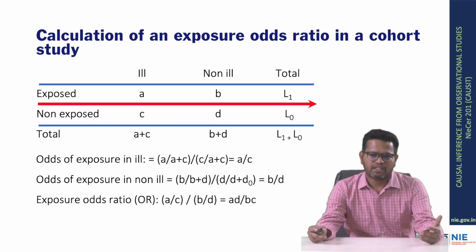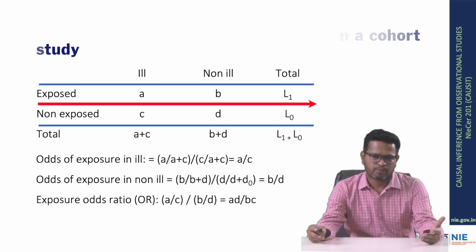Here, the numerator will be the probability that the person is likely to be exposed among those who are ill, that is A by A plus C. And the denominator will be the probability of being unexposed among those who are ill, that is C divided by A plus C. Simply, the odds of exposure among those who are ill is A by C. Similarly, we can calculate the odds of exposure among those not having illness, that is B divided by D. Dividing the odds of exposure among those who are ill by the odds of exposure among those who are not ill gives us the exposure odds ratio, that is AD by BC, or simply the cross products ratio.